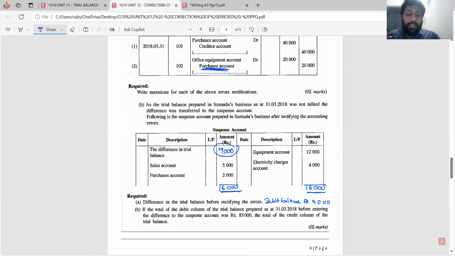Next, if the total of the debit column of the trial balance prepared as at 31st March 2018, before entering the difference in the suspense account, is 85,000, what is the total of the credit column balance?